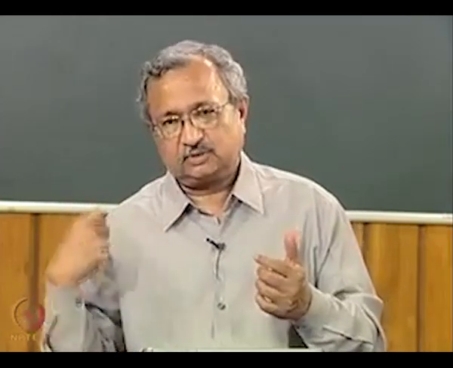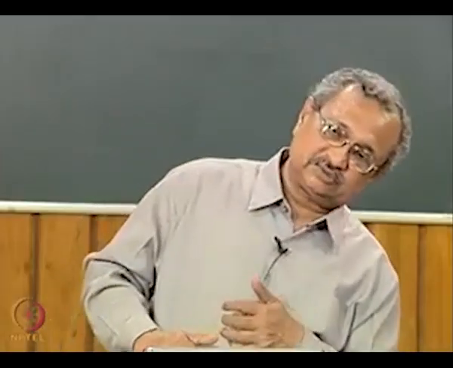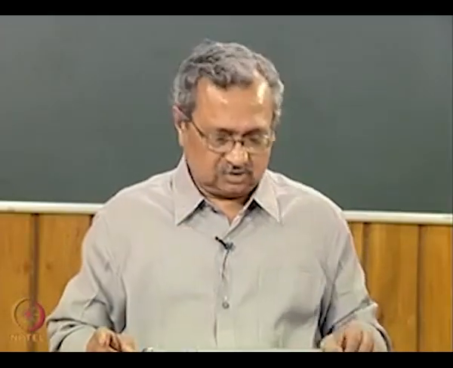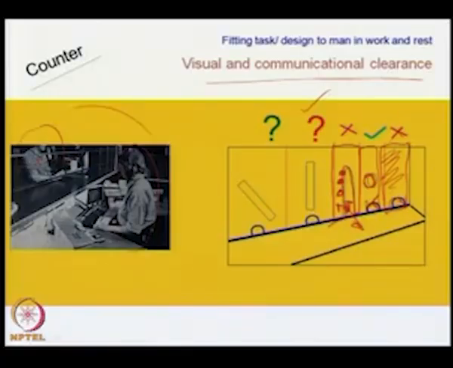When his turn comes, from the side he is trying to see what is happening inside, and the third person behind also tries, not through this, but from some other positions. So, mostly when there is a queue like this, the three persons near the counter have this type of behavior.